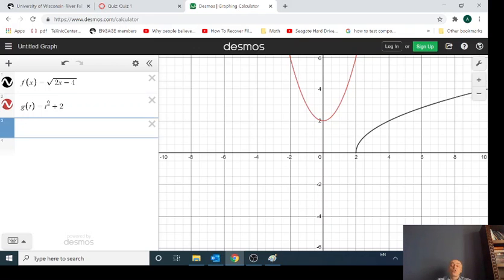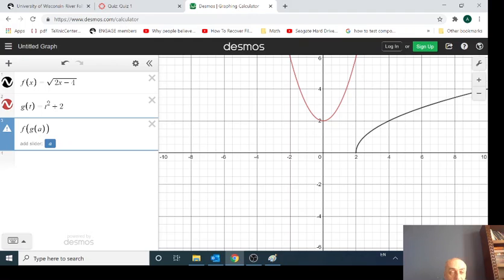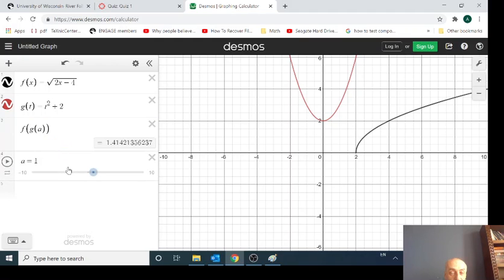All right. So now if we do f of g of t, or let's say not t, because it doesn't like t, let's say a. Oops, it doesn't like a. Okay, well, let's do a here. Oh, it's only going to point to the values.